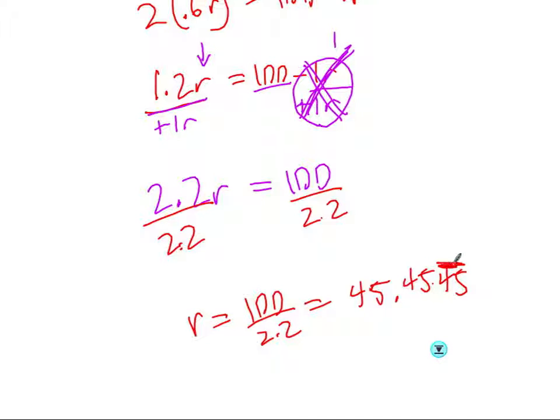If it keeps on going, then this bar on top of it tells you that it just keeps on going, 45, all the way to an endless number of 45s. Okay, so finally we solved for r. r equals 45.45 and then 45.